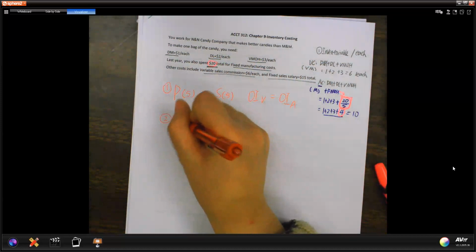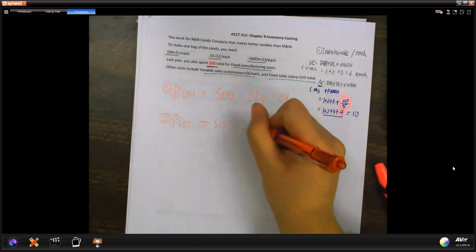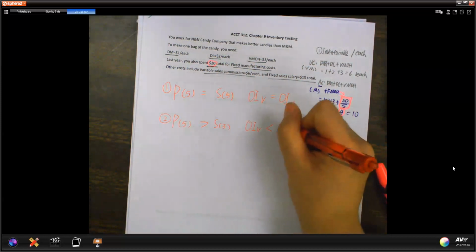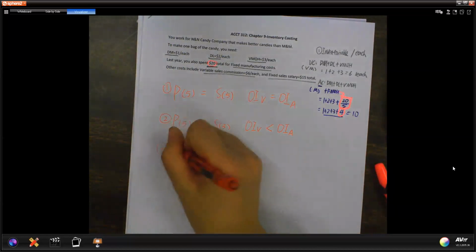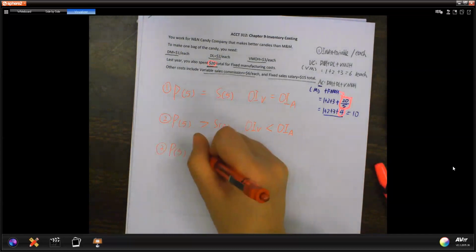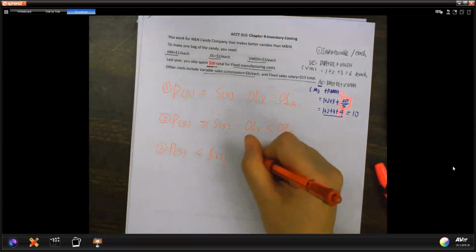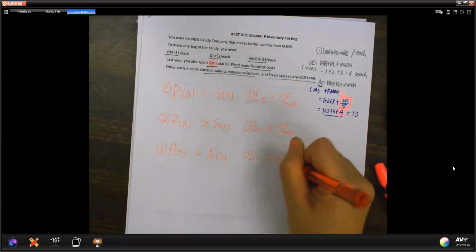Our second situation is when we produced 5, but we only sold 3, our operating income under variable is less than under absorption. The third situation is we produced 5, but we sold 7. So our operating income, we can say, is just the opposite of your second situation.